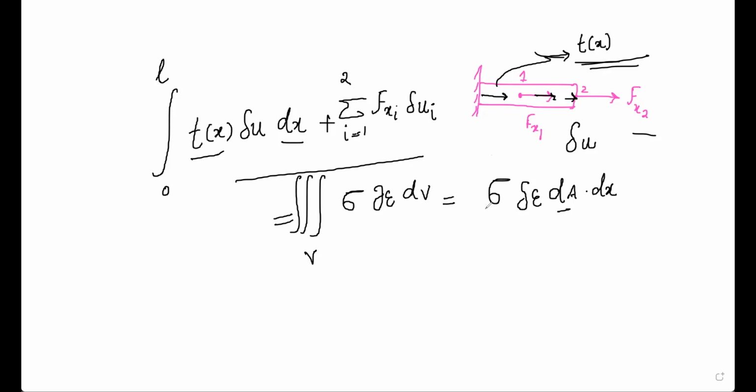Now, sigma into dA is equal to the force, the normal force acting at the cross section, multiplied by the virtual strain. Therefore, the total work done will be a single integral 0 to L, the total virtual work done by the internal forces. So this is how we write the principle of virtual work for this case.